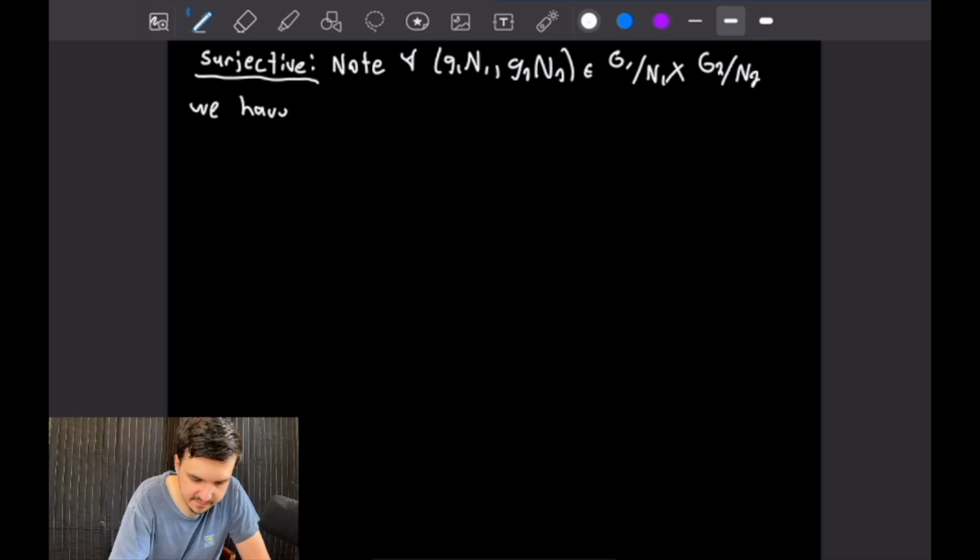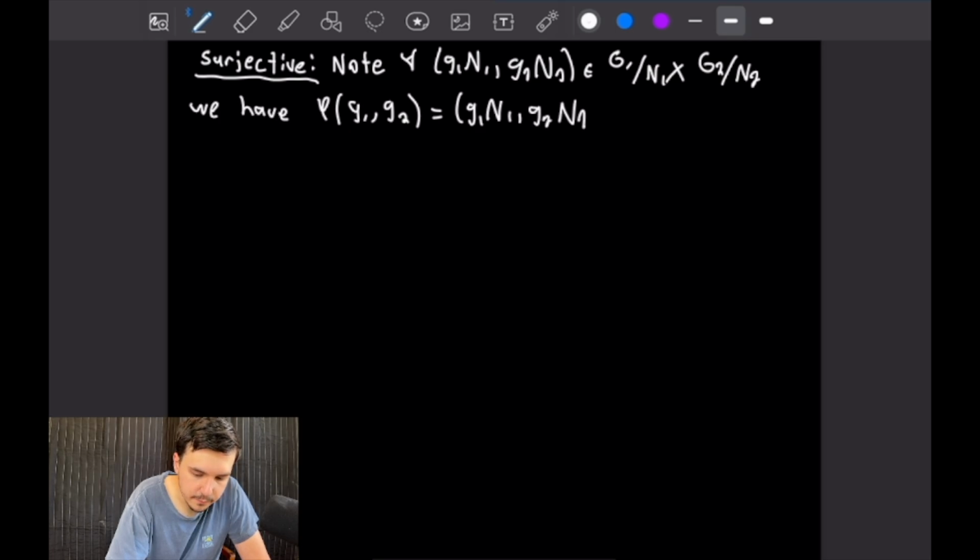So phi of g1 comma g2 is equal to g1 N1 and g2 N2. Like I said, a pretty straightforward map. We took an arbitrary element from our codomain and showed that we could very easily map to it.